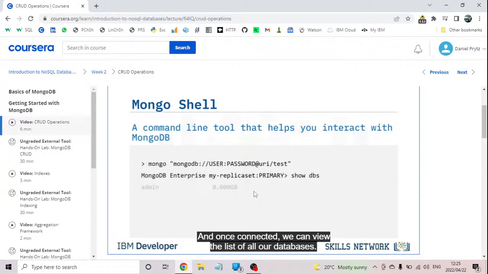Now we connect to the database as follows: user, password, at URI, test.